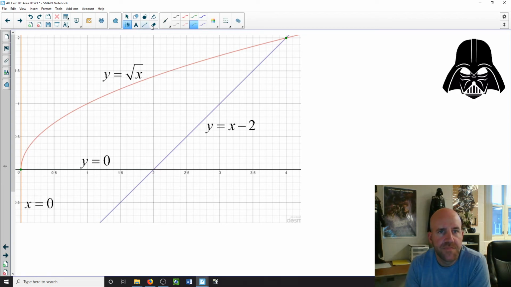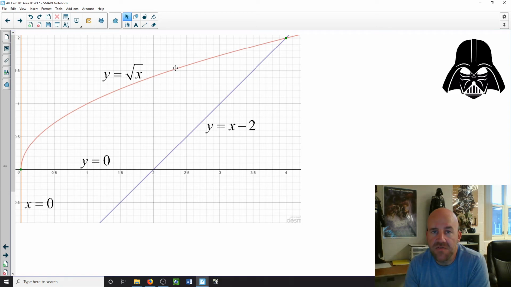All right. The issue is when we get to 2. So from 0 to 2 we're good, because the top function is going to be our root x, and then the bottom function would be y equals 0. So we're all good. Area under the curve until we get to 2, and then something happens.